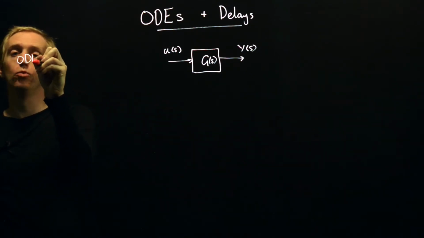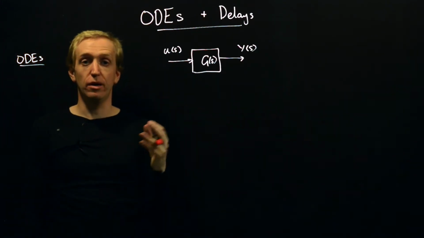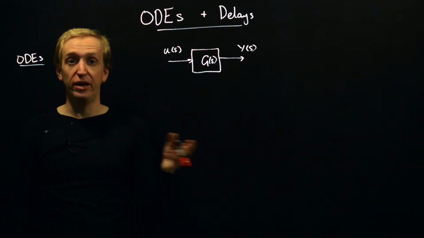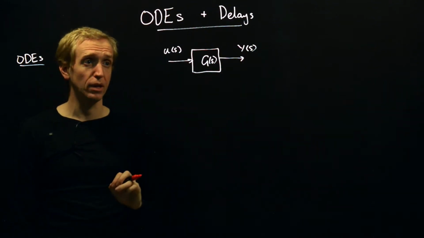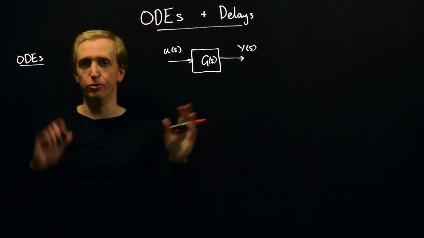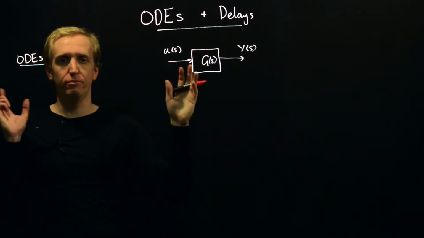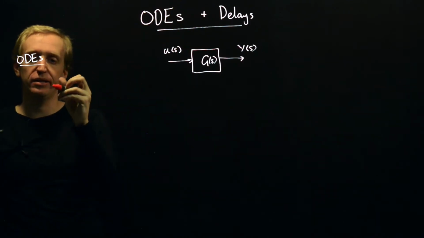So what do these look like? Well, a system of ordinary differential equations is just some linear combination of variables and their higher order derivatives. And in this input-output setting, you will typically restrict yourself to just your input and output variables and their derivatives. So our system of ODEs will look something like this.